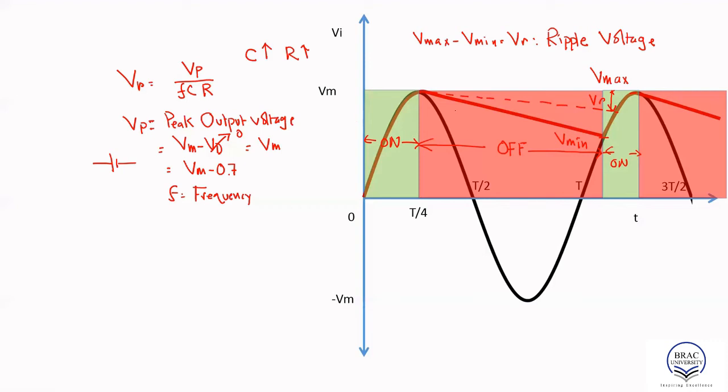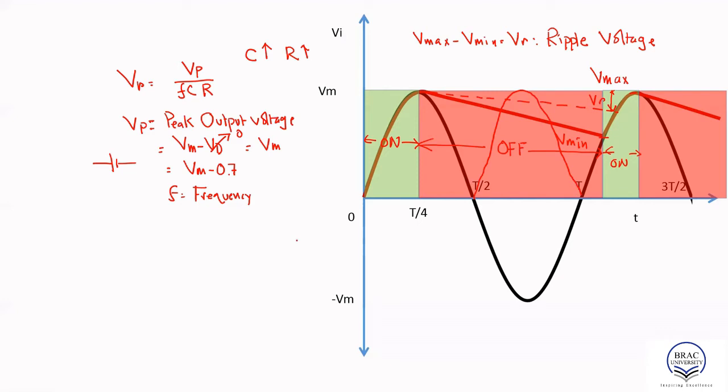Now, in case we consider the full wave rectifier, as opposed to only the positive half cycle, both the negative half cycle as well as the positive half cycle are rectified. And in that case, let's say we can include the negative half cycle in our rectification process.